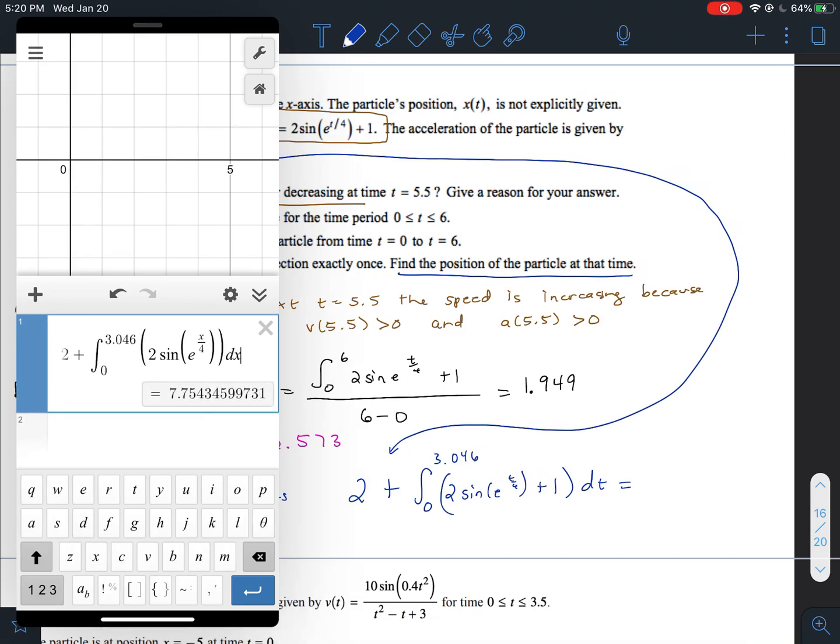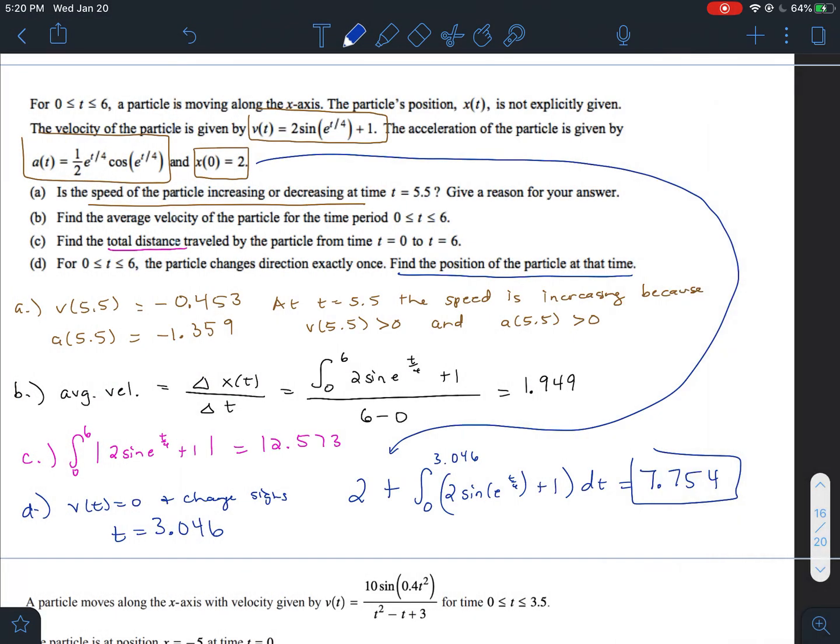And we get that the position of the particle at that time would be 7.754. So again, we wanted to know the position of the particle when the particle changes directions.